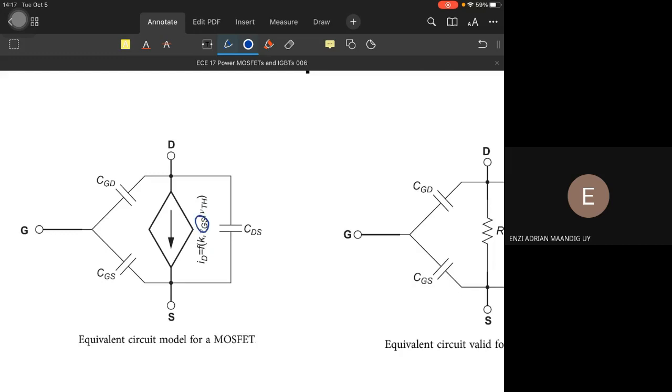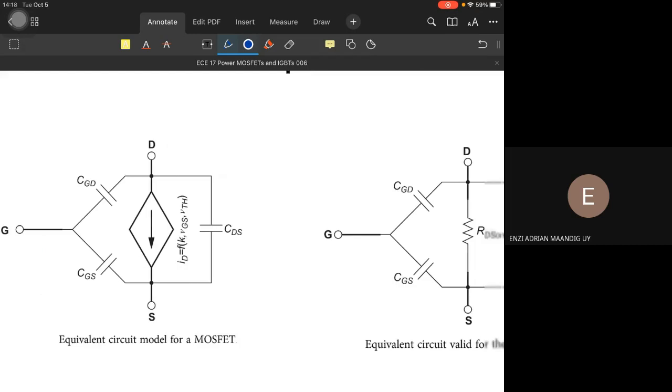Okay, the value of VGS is i-compare nato sa value ni VTH. Mag-flow ang current from drain to source depende sa voltage sa gate og source. So again, this equivalent circuit illustrates the MOSFET as a voltage-controlled current source.